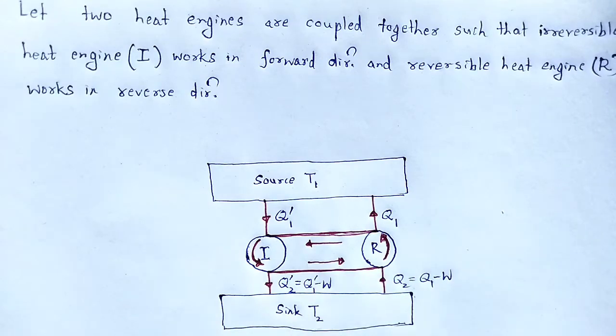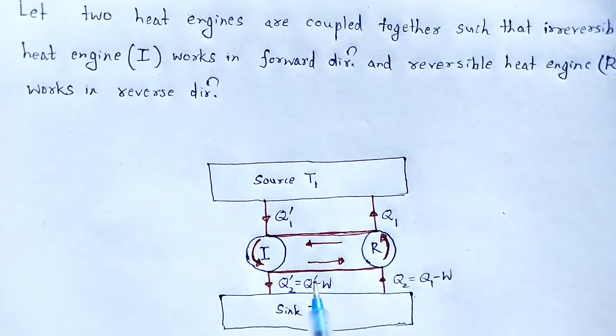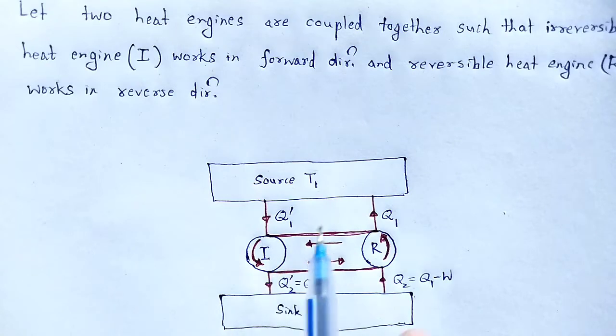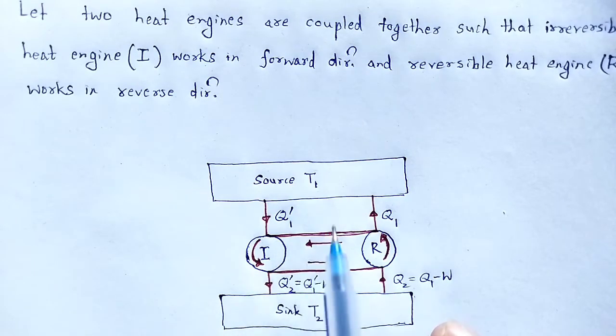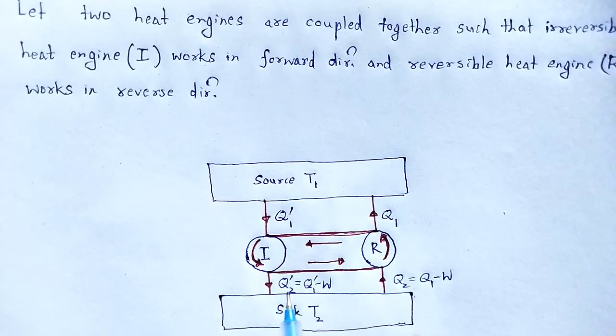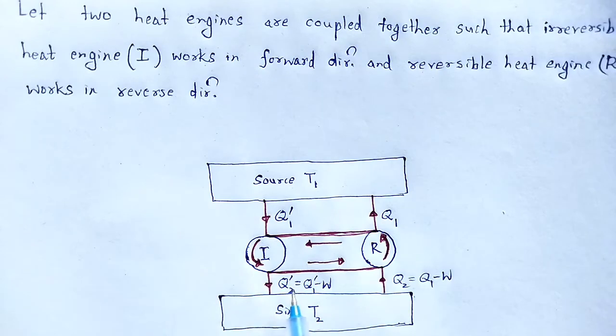What is the functioning? The irreversible heat engine I takes Q1 dash amount of heat from the source at temperature T1 and performs work W, and rejects Q2 dash, that is Q1 dash minus W amount of heat, to the sink at temperature T2.